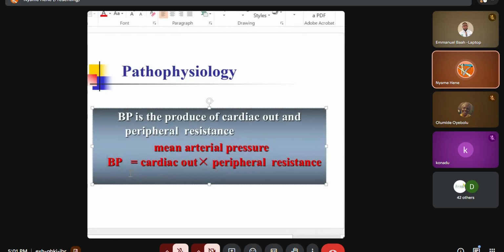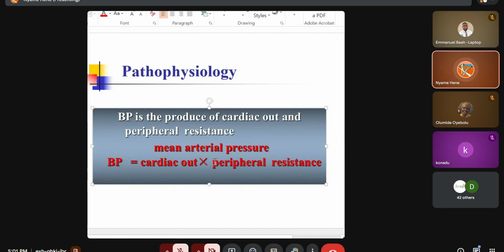Just like when we were taking cardiac output, we were saying that stroke volume and heart rate directly affect the cardiac output. Same as the BP. Cardiac output and peripheral resistance directly affect the BP. Do you understand?